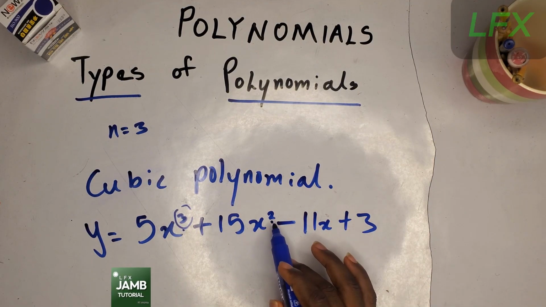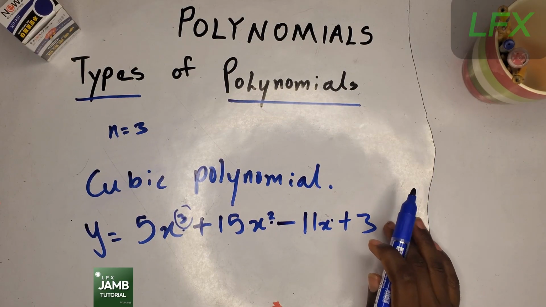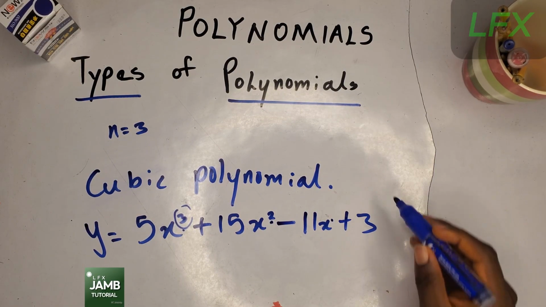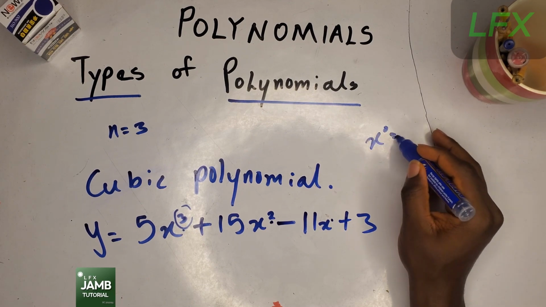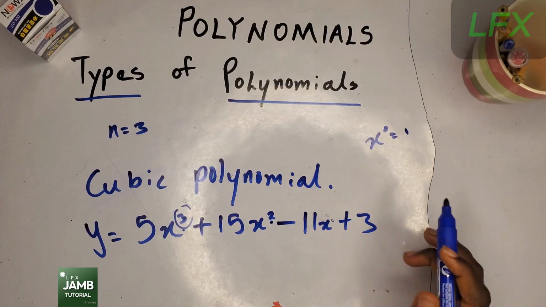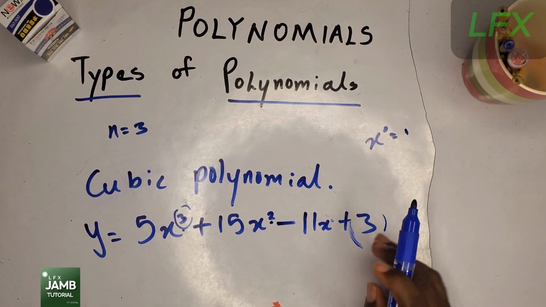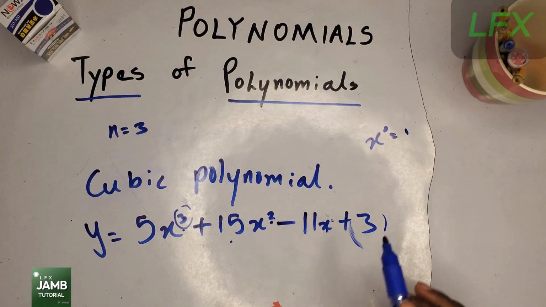You can see reduced by 1, then this reduced by 1, then to a point where it reduced by 0. It gets to 0 because x raised to power 0 gives us 1, and 1 times 3 here is 3. So we have a constant 3. All these here are coefficients.